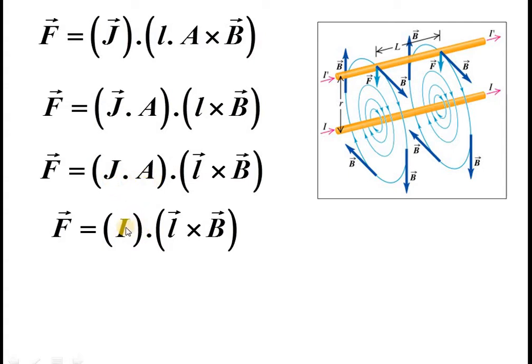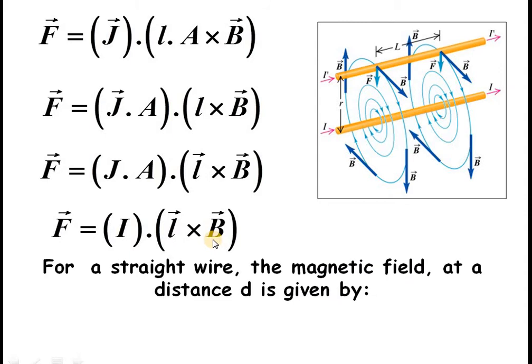So J times A is current I, times L cross B. L is the wire length and B is the magnetic field. So we can say that for a straight wire, now you think about the B. We have two wires. So wire 1 is in the field produced by wire 2. So obviously B will be the magnetic field produced by wire 2.